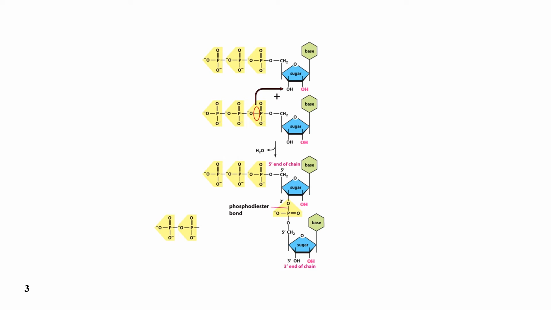So again, this dinucleotide, air quotes, chain will have polarity in that there will be a 5' end of the chain that will be associated with 3 phosphate groups bonded to that 5' carbon, and there will be a 3' end of the chain which will have a hydroxyl group associated with the carbon that's at the 3' position.